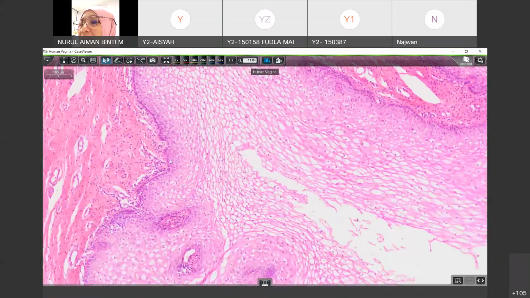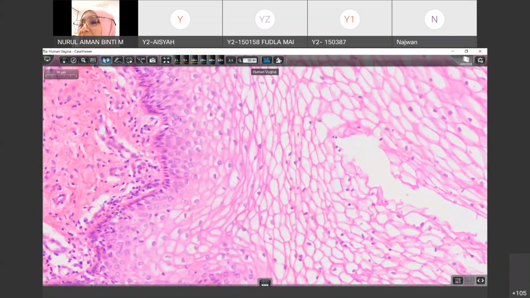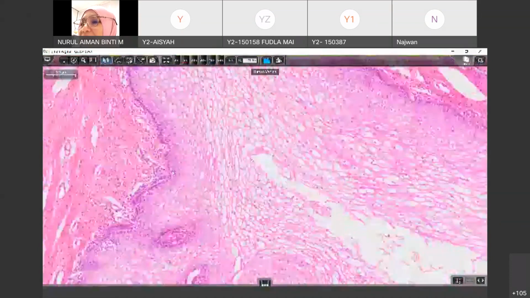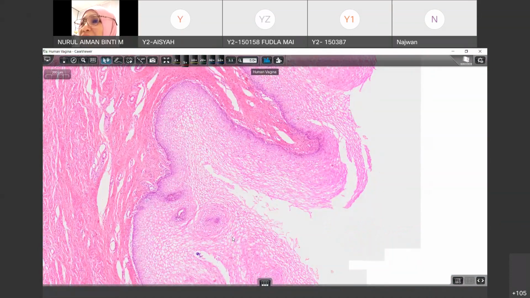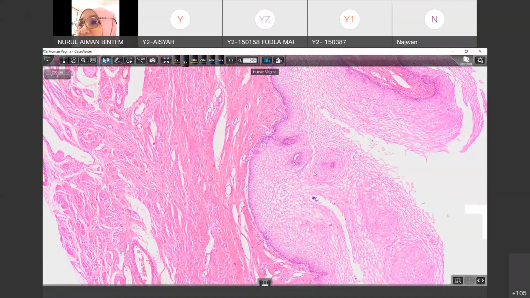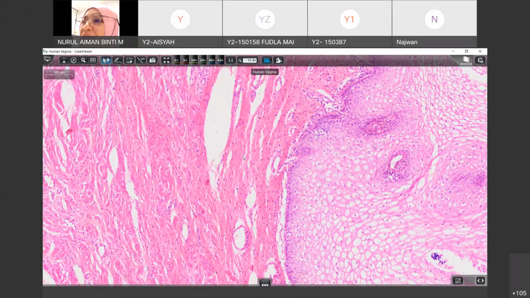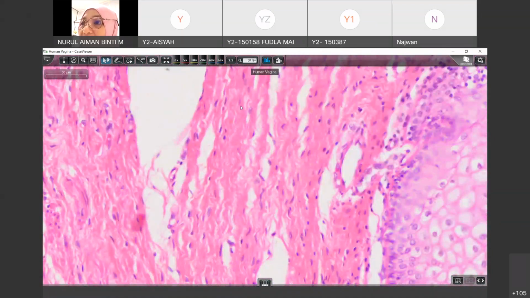You can see the basal part of the stratified squamous epithelium is different. The shape is different. That is the characteristic of the vagina. Of course, inside the vagina you still find a lot of smooth muscle, but if you use a specific stain, you can see elastic tissue here, curving like this.